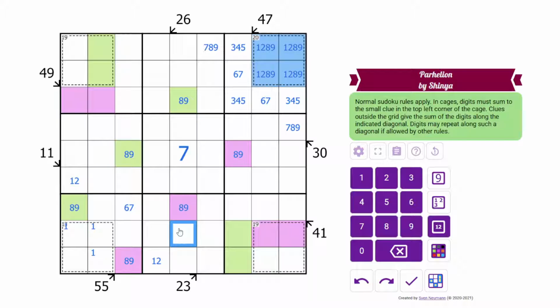I don't know how to make any progress here. Kind of drawing a blank.